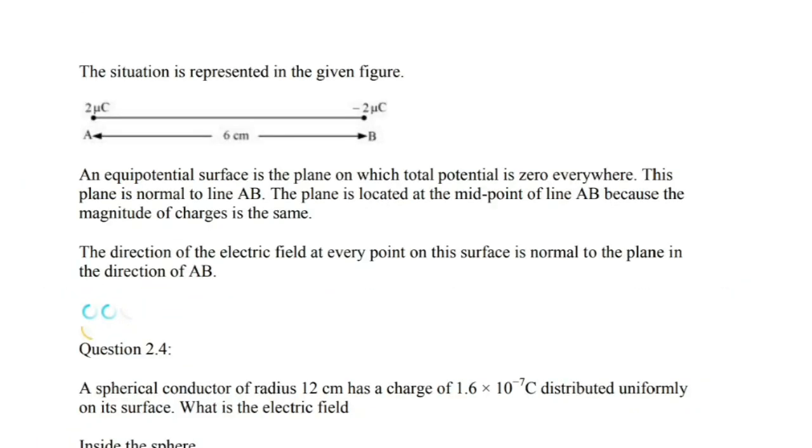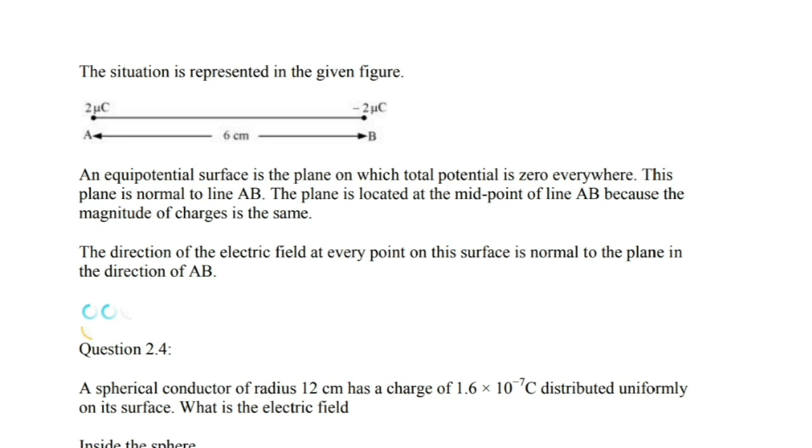An equipotential surface is the plane on which the total potential is 0 or the same. Here it is very easy to consider a plane on which total potential is 0, because the equatorial plane will be such a plane. We already studied this in the case of a dipole.